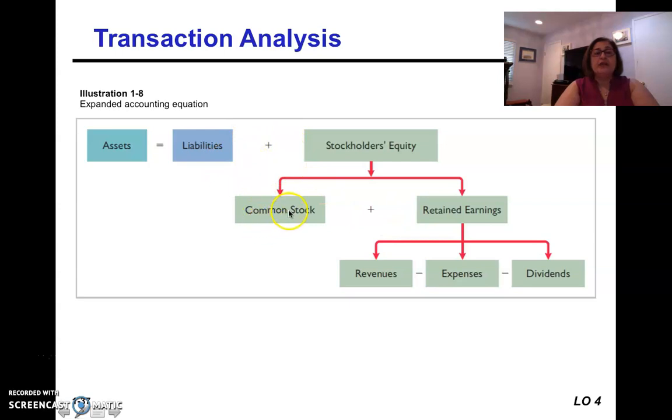So remember, these signs are important. Why? Because we know common stock and revenue always increase the stockholders' equity. However, expenses and dividends decrease the stockholders' equity. And as I mentioned to you, retained earnings is basically the net income. What is net income? The difference between revenue and expenses is called net income. If expenses are larger, we call it net loss.